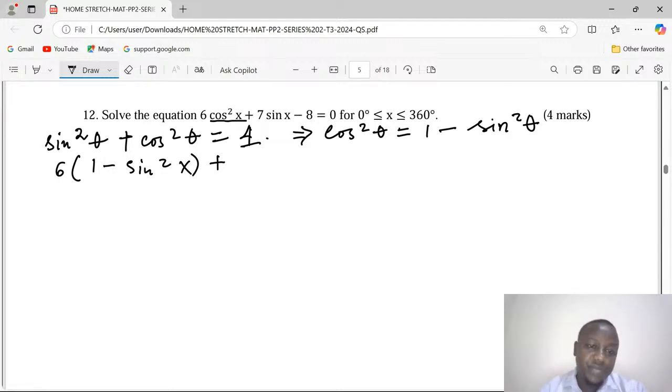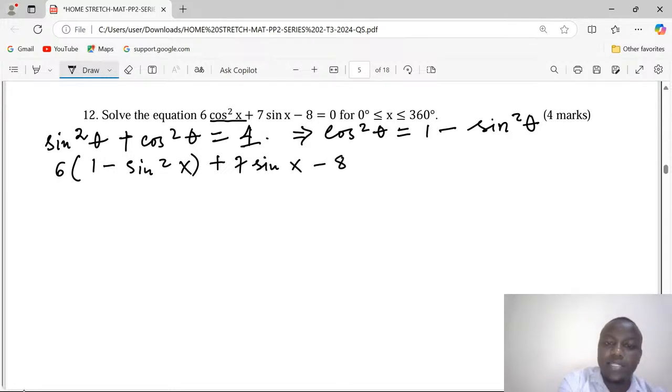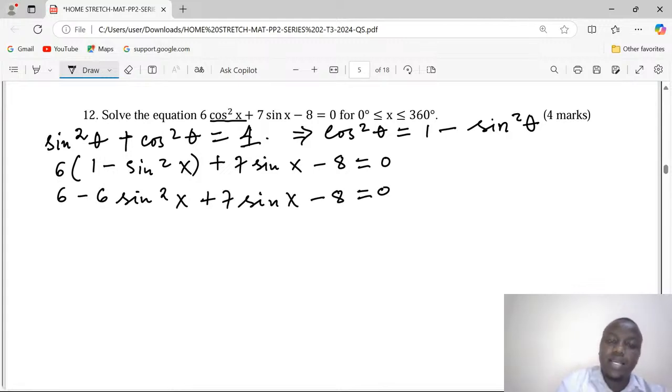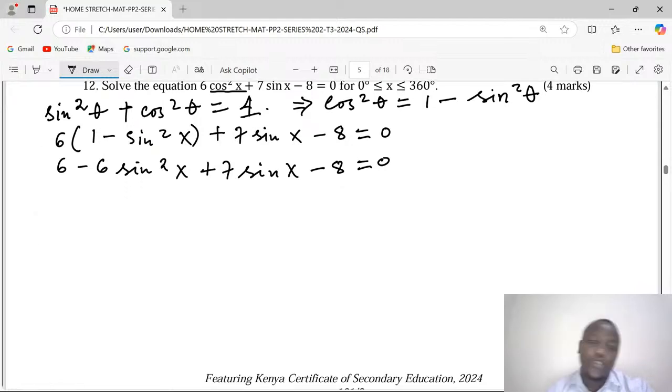6 times 1 minus sine squared of x plus 7 sine x minus 8 is equivalent to 0. So this is 6 minus 6 sine squared of x plus 7 sine of x minus 8 equals 0.